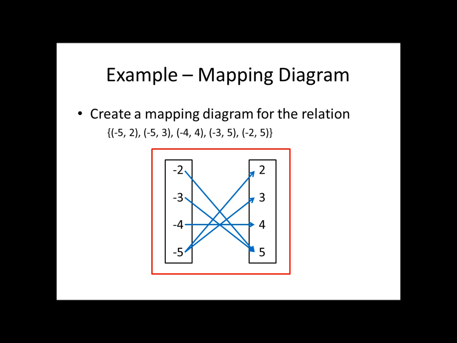The -2 makes the 5. The -3 also points to the 5. That's okay. The -4 points to the 4, and then finally the -5 is pointing to both the 2 and the 3. As far as whether this is a function or not, that's a problem.